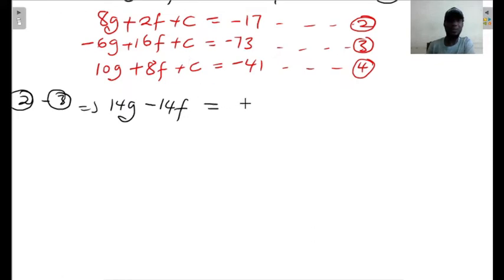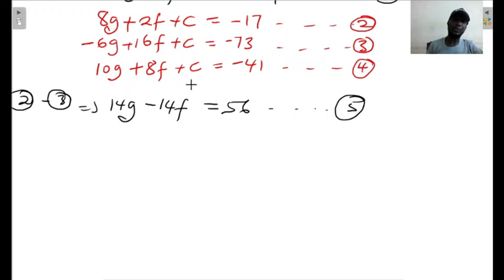This is 0, so equal to negative 17 minus negative 73 will give us 56. And let's call this equation 5.